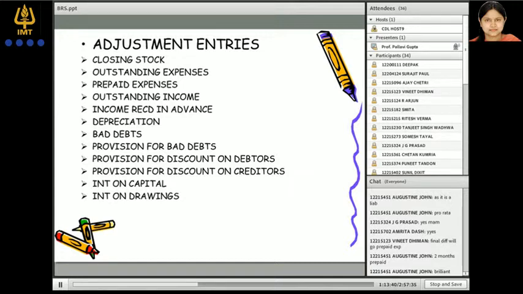Similarly, these are related to the expenses: outstanding expense and prepaid expense.